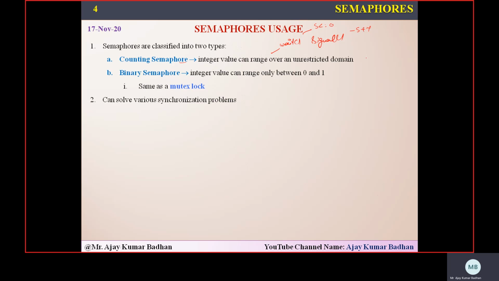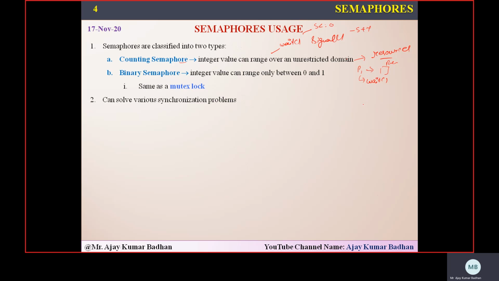Every process, as I told you, we can use this counting semaphore with respect to resources. Anytime a process wants to access or use a particular resource, first the process will execute a wait operation on that semaphore.